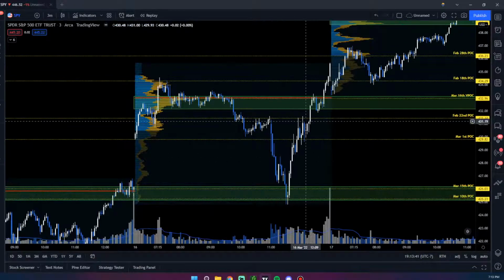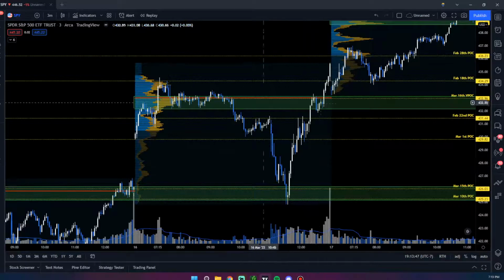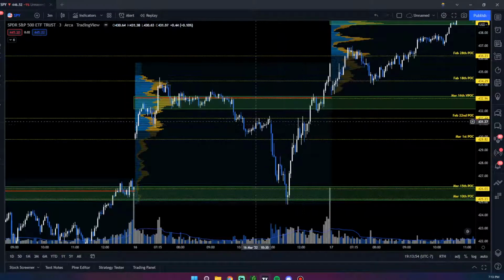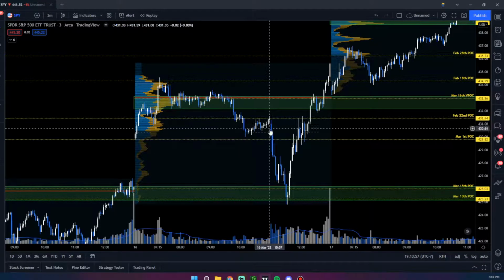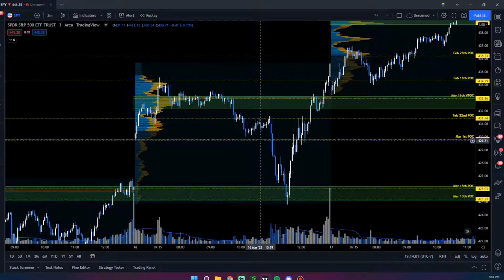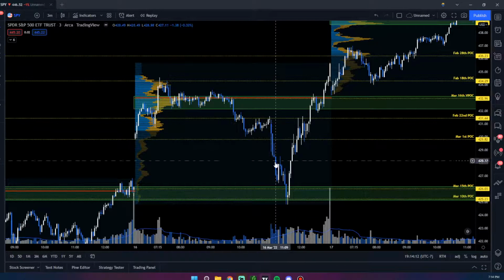So, again, trending day, right? We're ripping right here, or typical day, I don't know. I guess it's a typical day, but at the end of the day, it was definitely trending. So even here, as we're ripping down, you can see there is a big wick, but this March 1st POC is still being respected. This wick shows we start having buying pressure on this POC, but it wasn't enough and we fell through it.